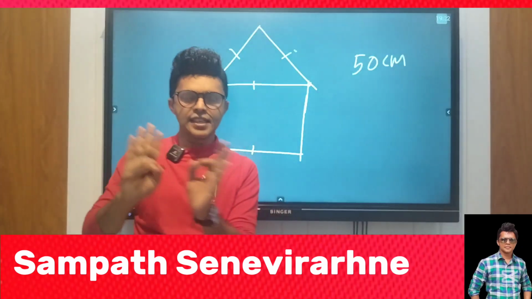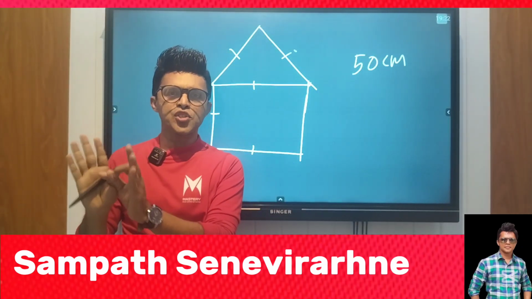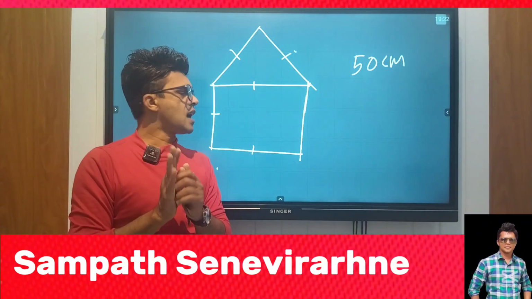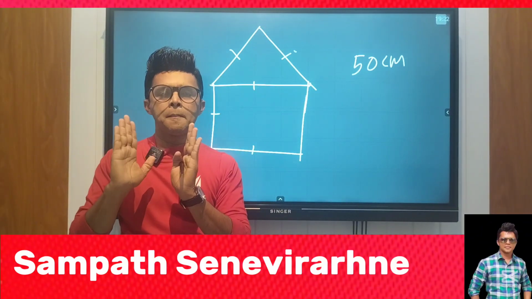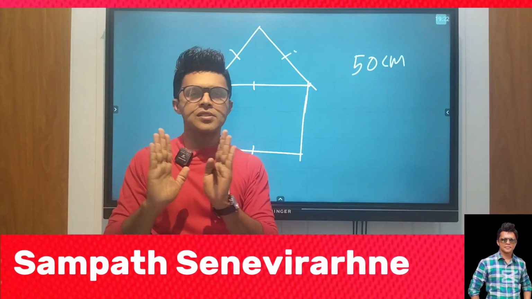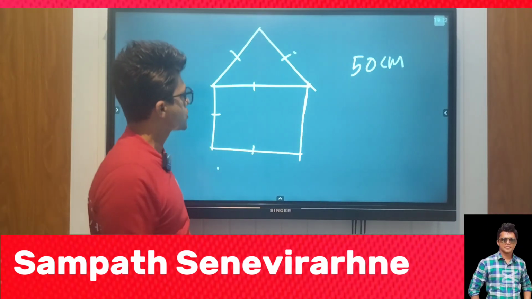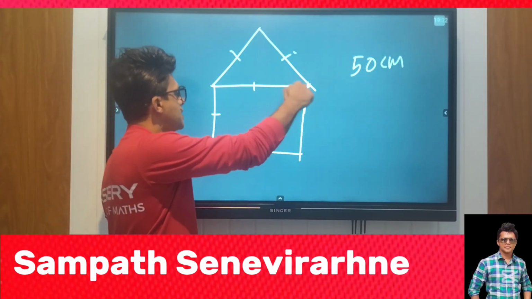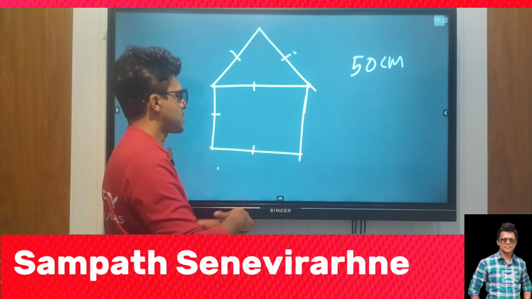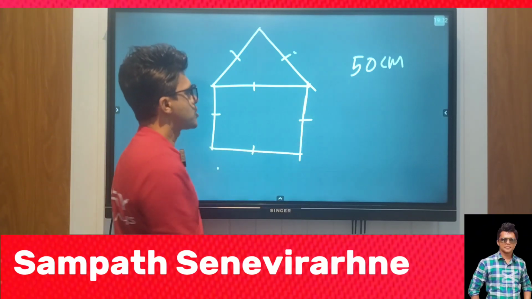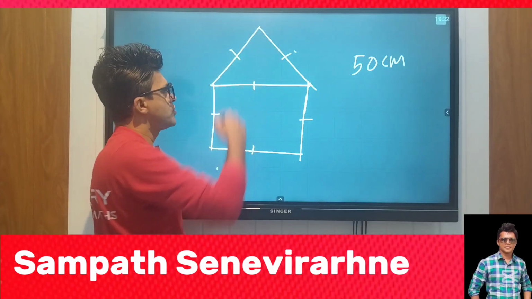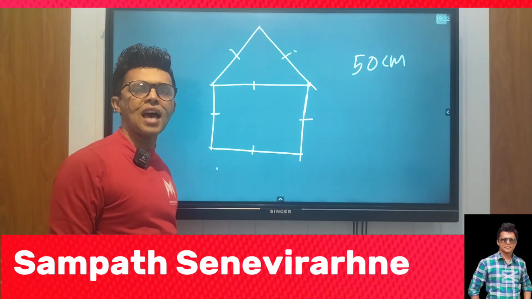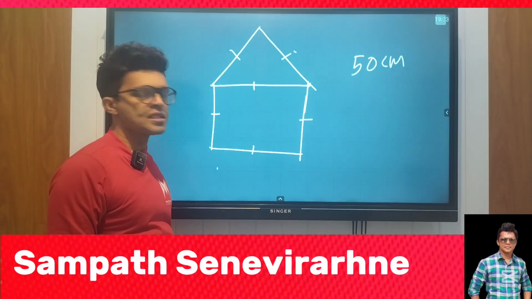I'm talking about another question. It says that this triangle is an equilateral triangle, and this you could see is a square. This length equals this length, all sides are equal in a square. So it has been given that the perimeter of this figure is 50 cm.